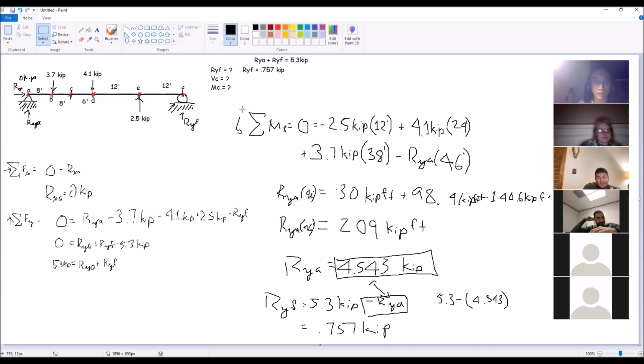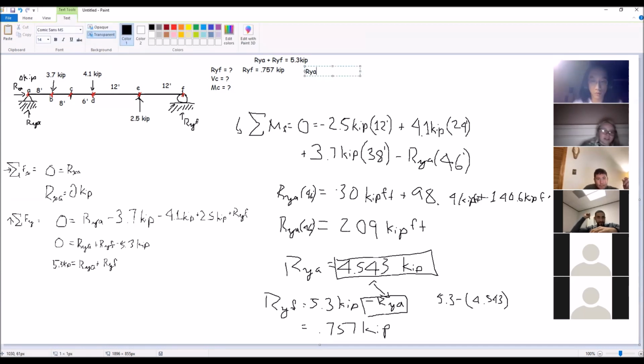All right. So good to move on to the second problem. Cool. So I'm just going to put this here as well. RYA is equal to 4.543 kips.